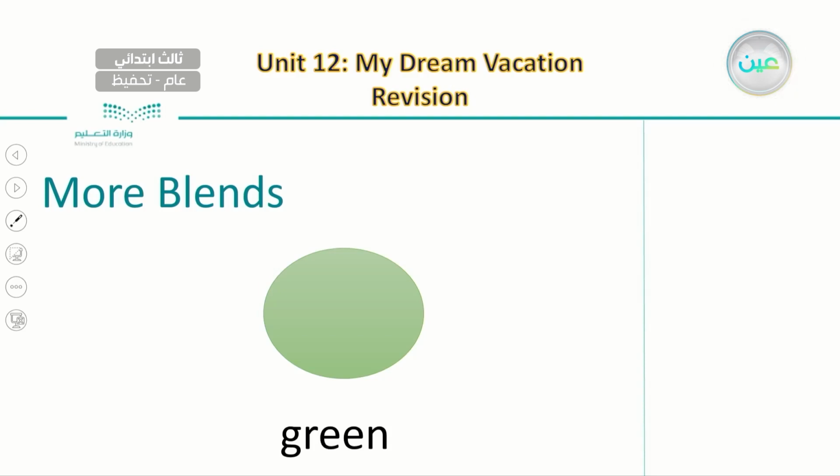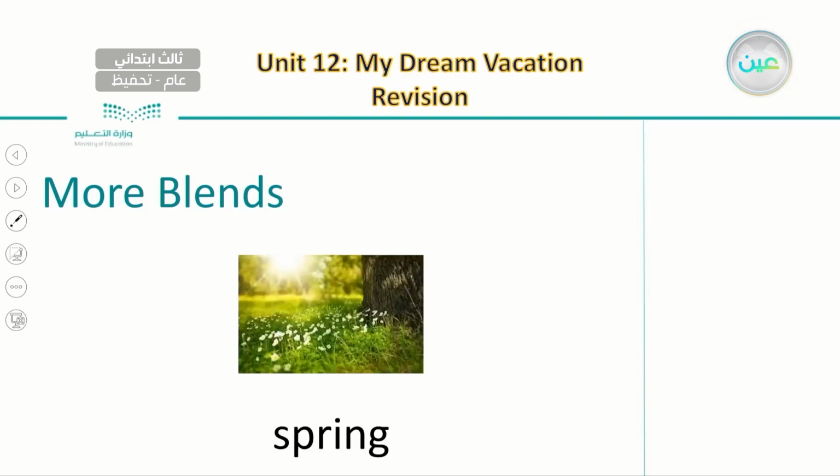And we said that green is a color that we usually use and that also represents our flag. And also the other blend that we talked about last time in our lesson is S and P, and the word is spring, spring, which is the season that we usually have after winter.